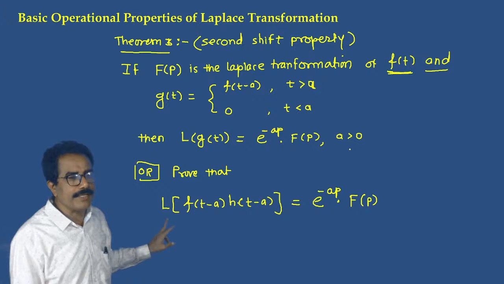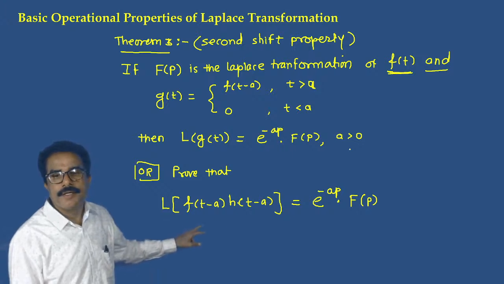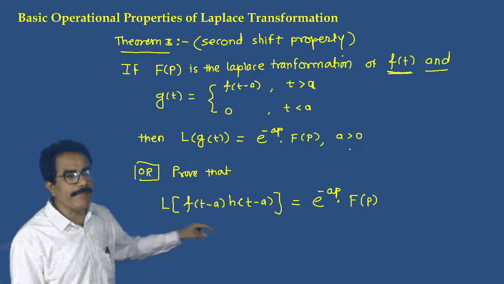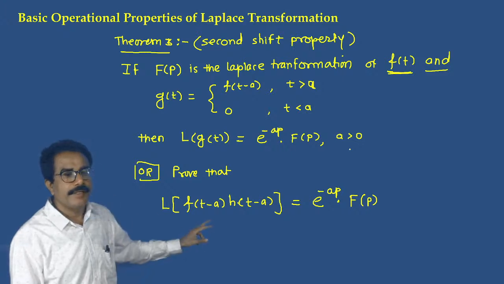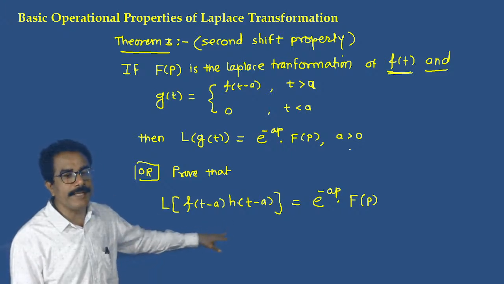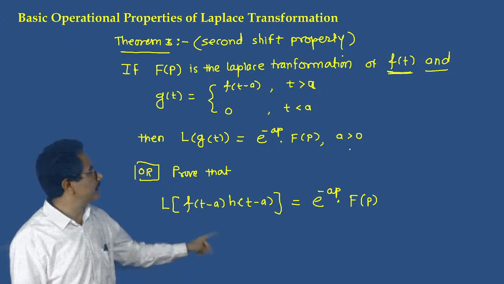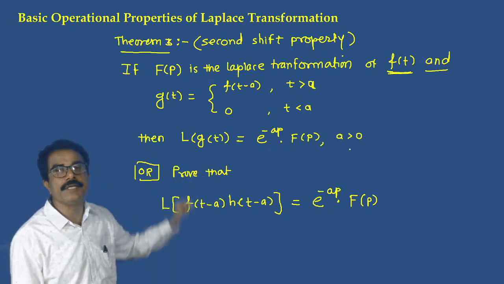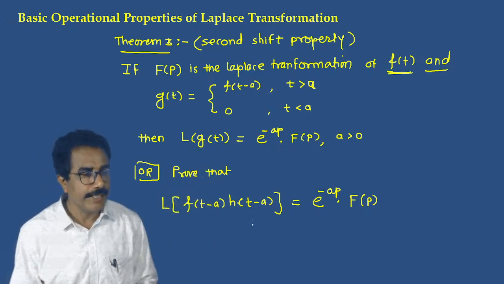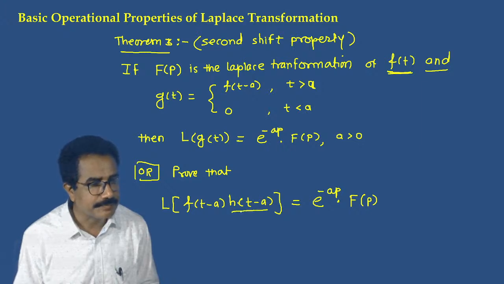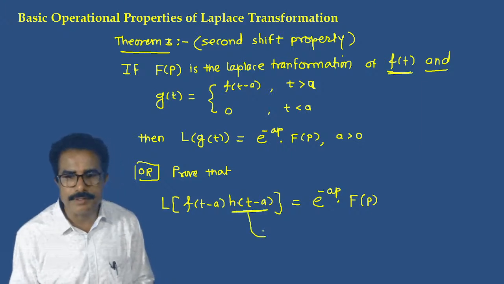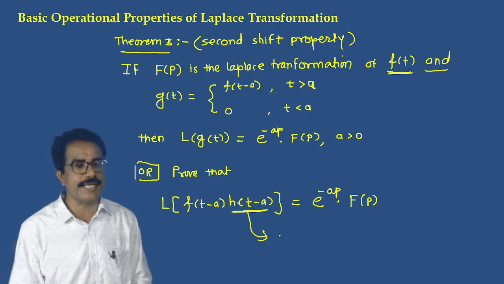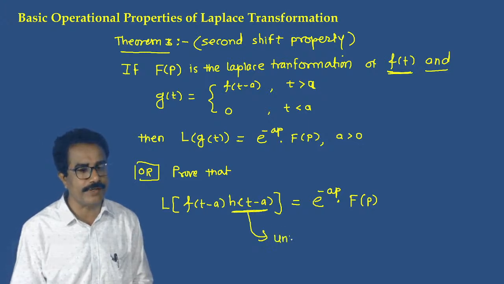The Laplace transformation of f of t minus a into h of t minus a is equal to e raised to minus ap into capital F of p. Here in this case, h of t minus a is called a unit step function.